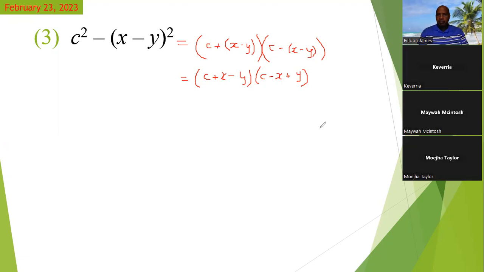Two negatives make a positive. Exactly. If you have a minus outside the bracket, you have to change the signs in the bracket. Remember that? Because you're treating it as minus 1, so minus 1 times x gives you a negative x, and minus 1 times negative y gives you a positive y. All right?